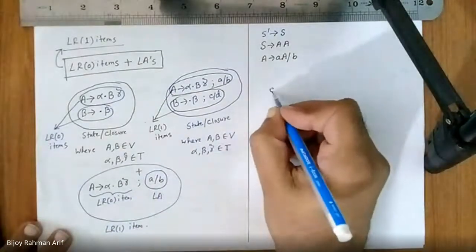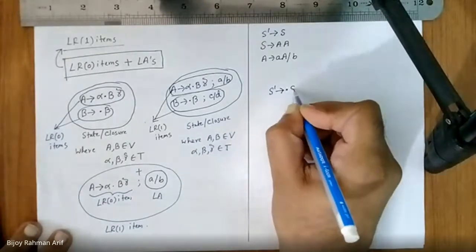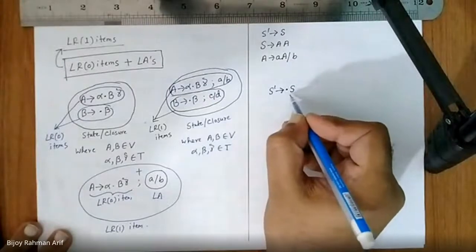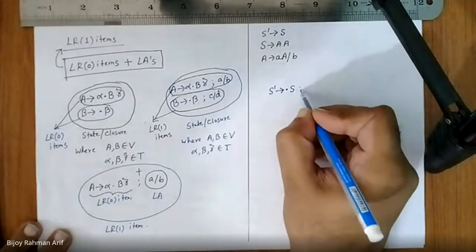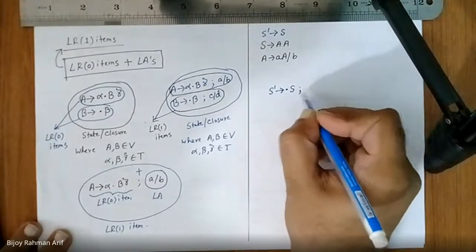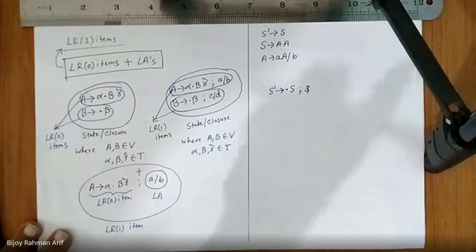So S dash derives dot capital S. As it is the start symbol, always remember that initially, after the augmented production, the look ahead will always be dollar. That means the end of the buffer. Did you get it? It is a rule.